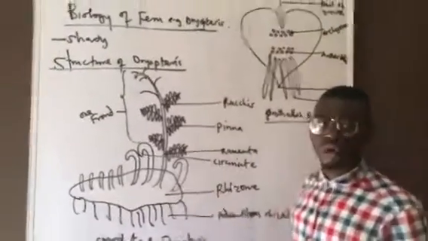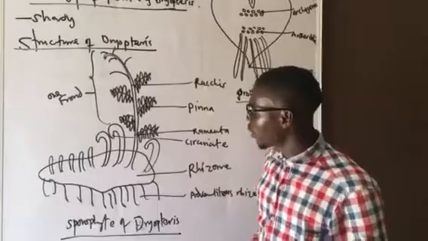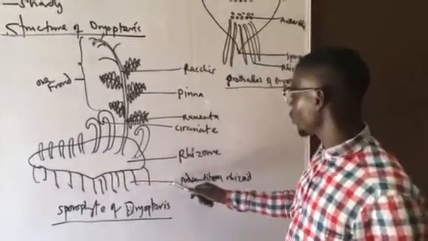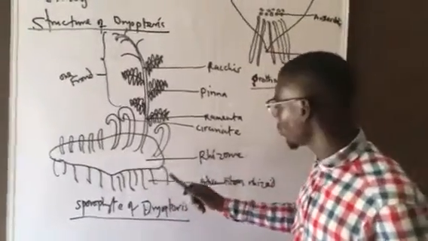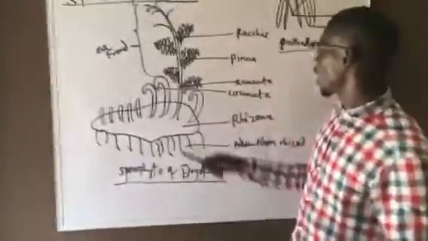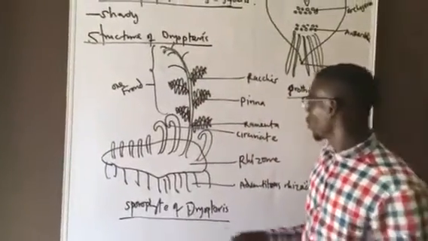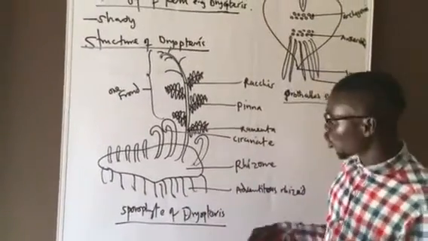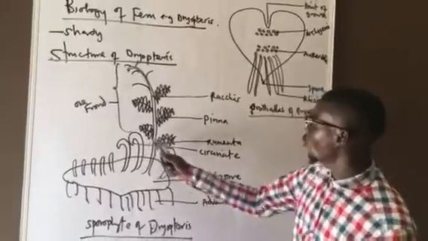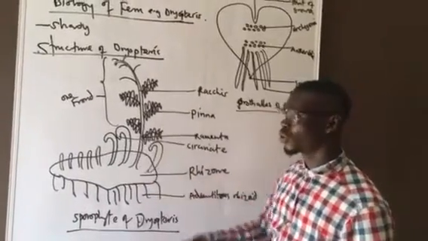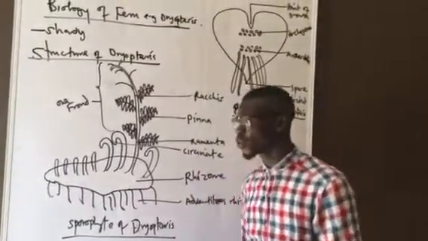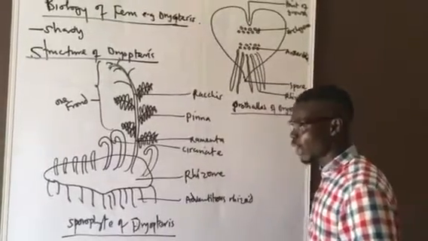When we talk about the structure of Fern, their body consists of the rhizoid, the rhizome. Rhizome is on the ground, horizontal underground stem, and the mature frond is the ramenta, while the young one is the circinate, which is coiled. So the fronds usually produce sori, and we're going to talk about the sori.